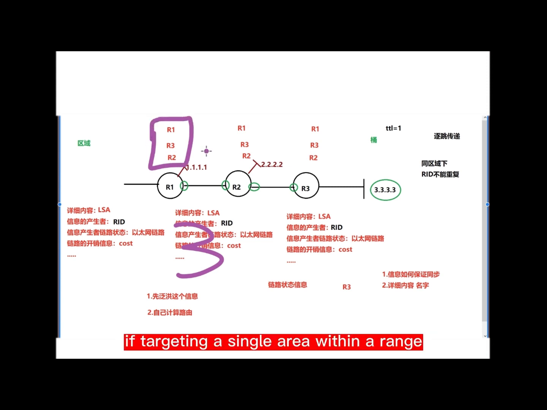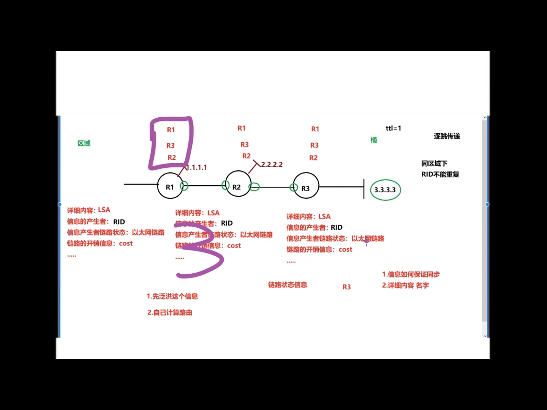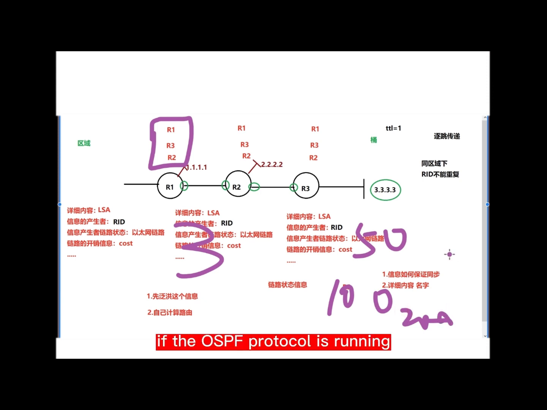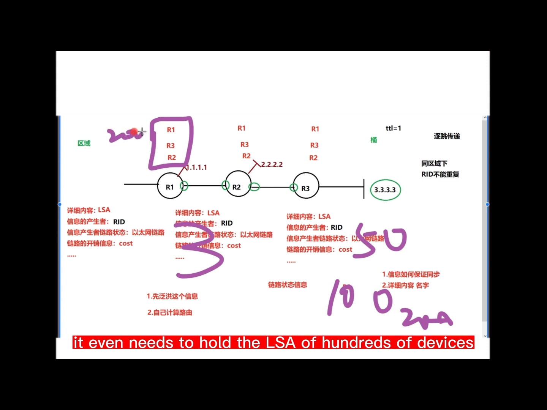If within a single area we want to have 50 devices, even 100 devices, 200 devices, and OSPF is running in a large environment to synchronize the database, then the database will become extra large. It even needs to hold the LSAs of hundreds of devices.